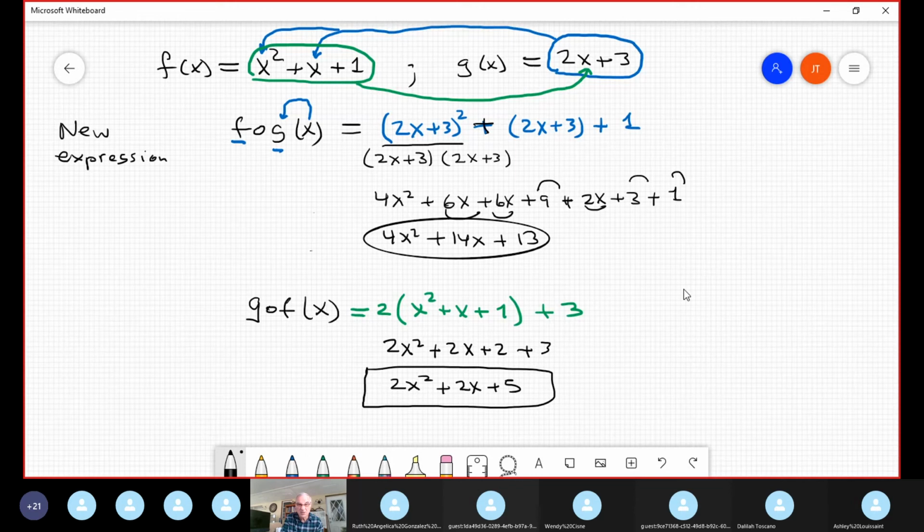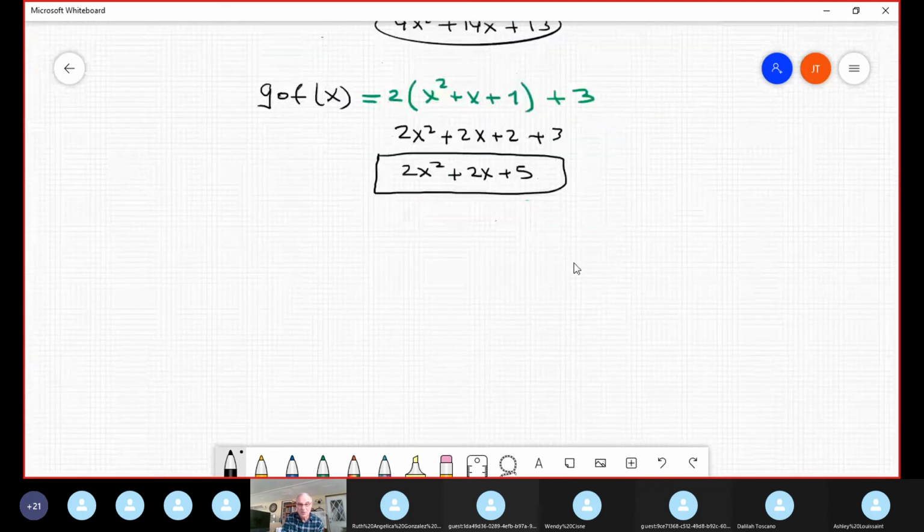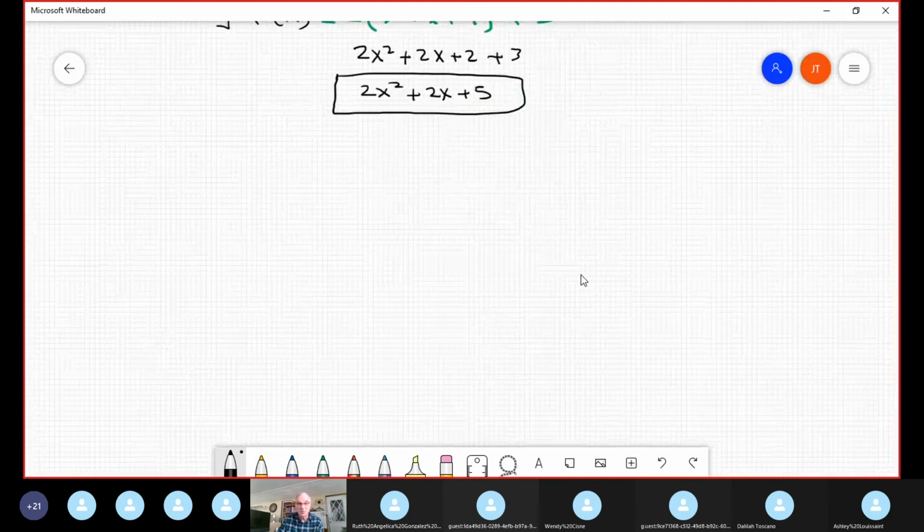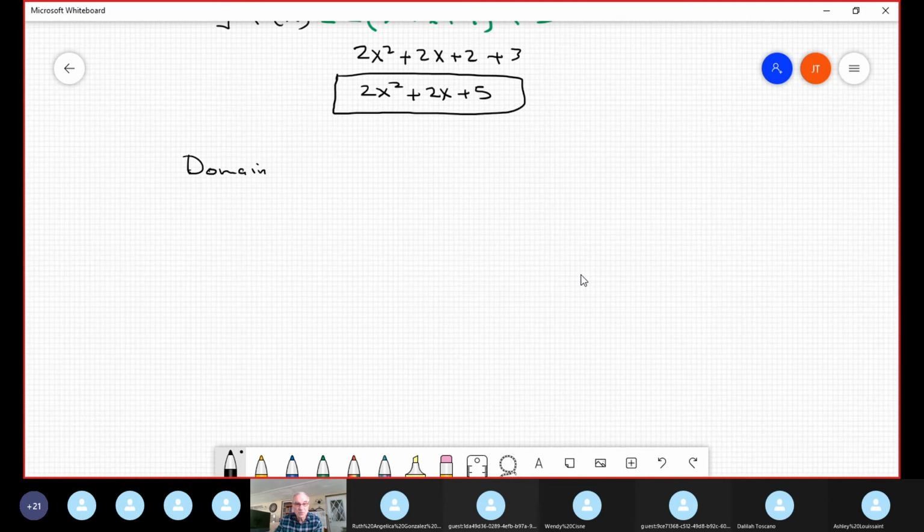What is the domain of the composition? What is the formula to find the domain of the composition? The domain of composition, f composition g in that order, is equal to the domain of g.